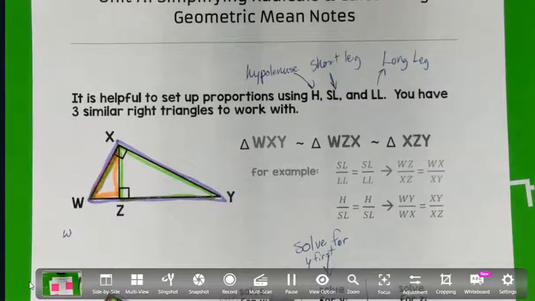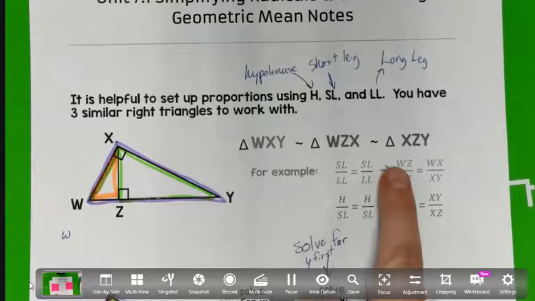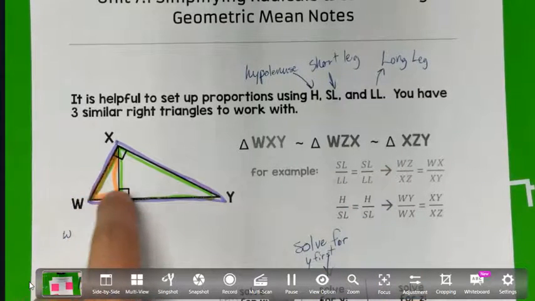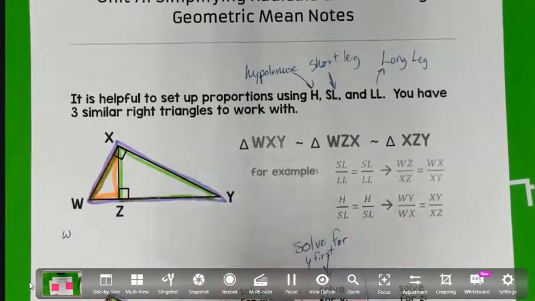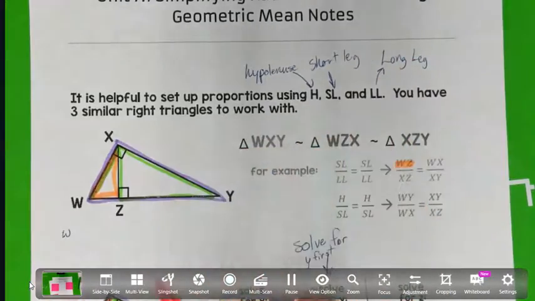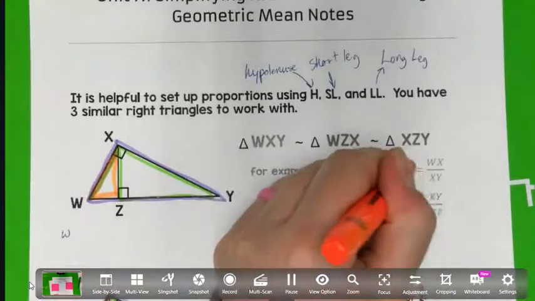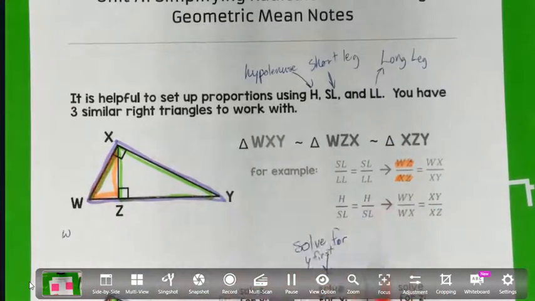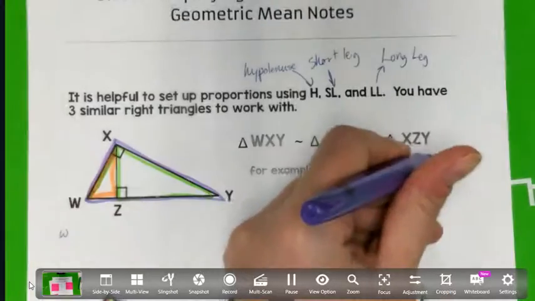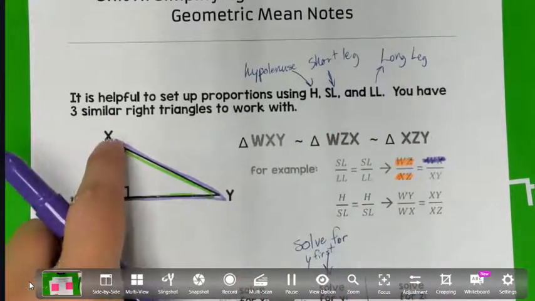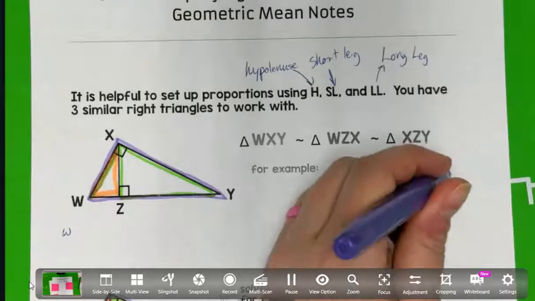So when it's talking about short leg over long leg, WZ is the short leg for the orange triangle, and the long leg for the orange triangle is XZ. So that's where they're getting these letters. And then WX is the short leg for the whole triangle, and XY is the long leg for the whole triangle.